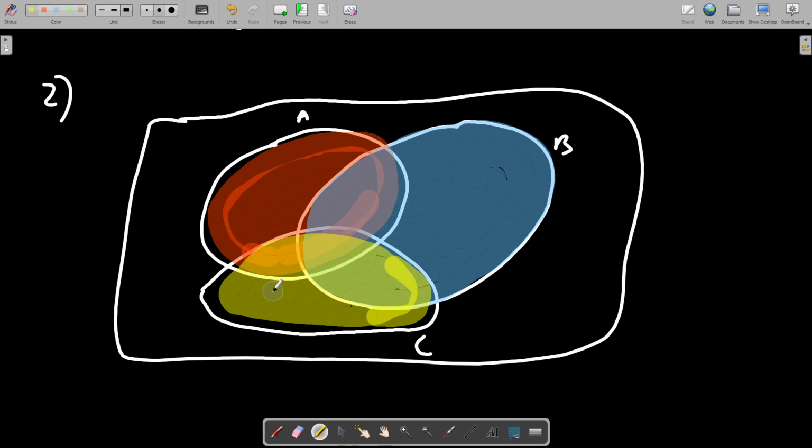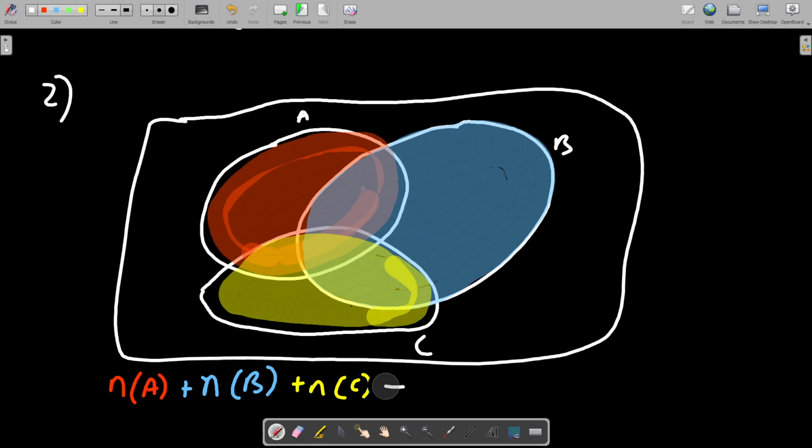So now what we have done here while we are counting, we counted first in red the number of elements in A. Then I have counted in blue the number of elements in B. Then in yellow I have counted the number of elements in C. But I have counted some elements twice, right? So I'll have to subtract all those elements which have been counted twice.